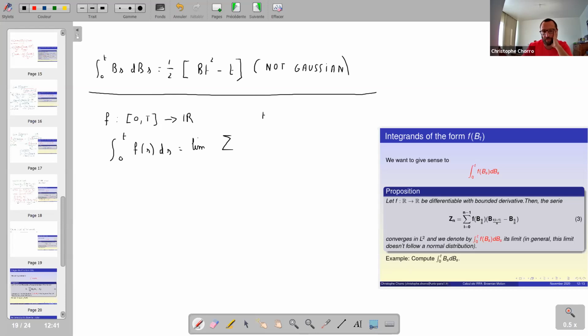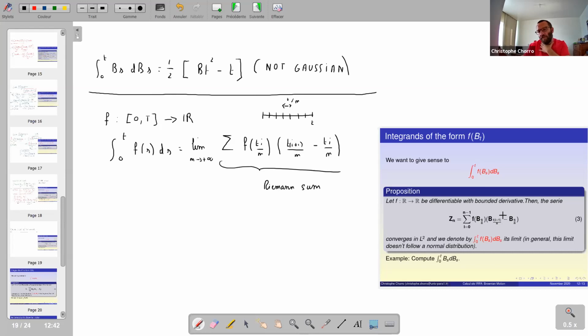And how to compute the Riemann sum here? I consider a regular subdivision with a step size that is equal to t over n. And I obtain this way the sum of f(ti/n) times (t(i+1)/n minus ti/n). It's the limit when n goes to plus infinity. And you have here the Riemann sum.